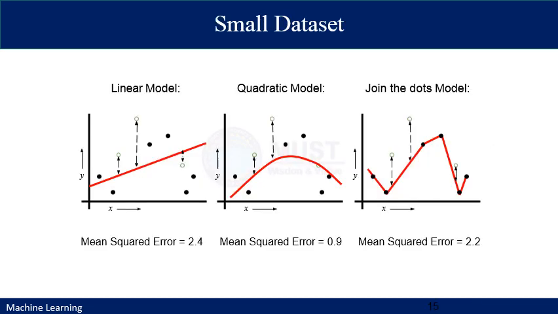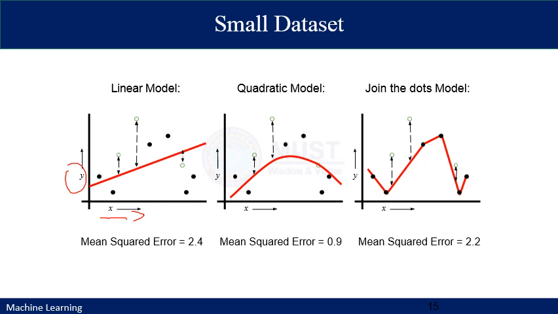Let's deal with the first problem, which is the small dataset problem. Let's say we have a small dataset represented here in the graph. We have the features represented on the x axis and the predictions on the y axis. The data set is the same for all three models.